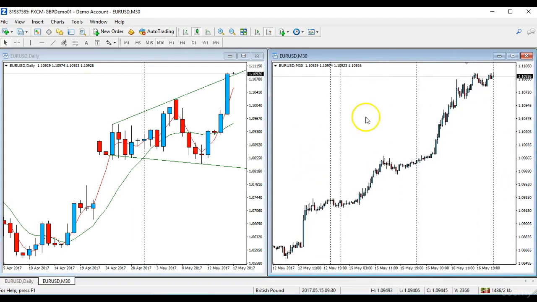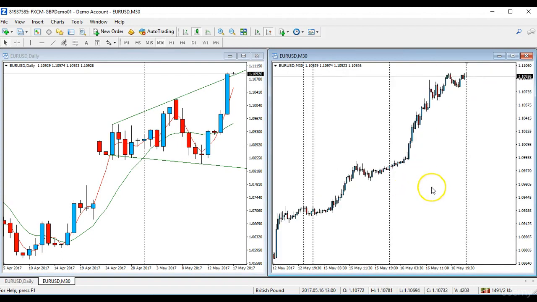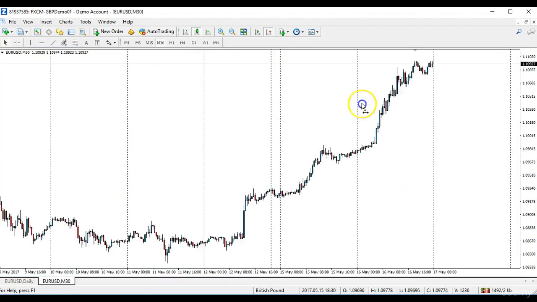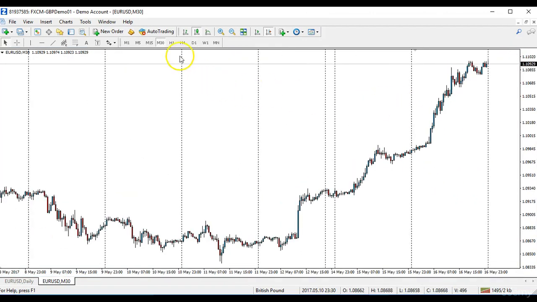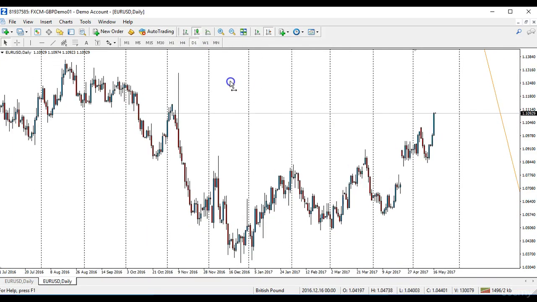And so then what we do is we go over to the lower time frame, and we're now looking for ways to enter into that move. Okay, so if I just put those lines in, in fact I won't go there, I'll just do this one here.